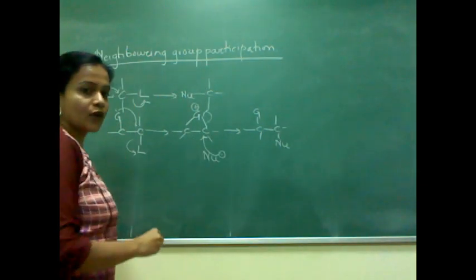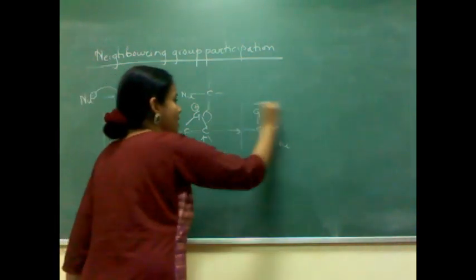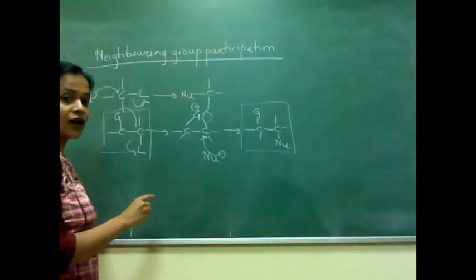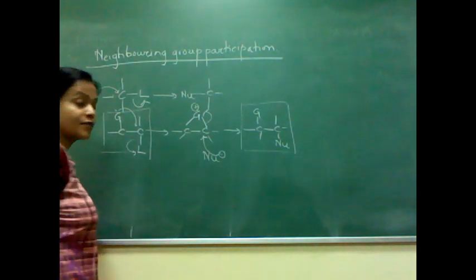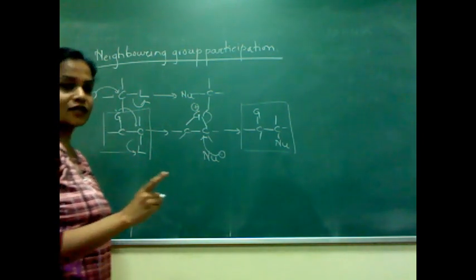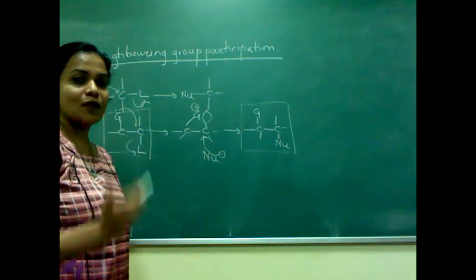If you compare the substrate and the product, what you find is the nucleophile gets added at the same site as that of the leaving group. So that means there is total retention of configuration in the product.